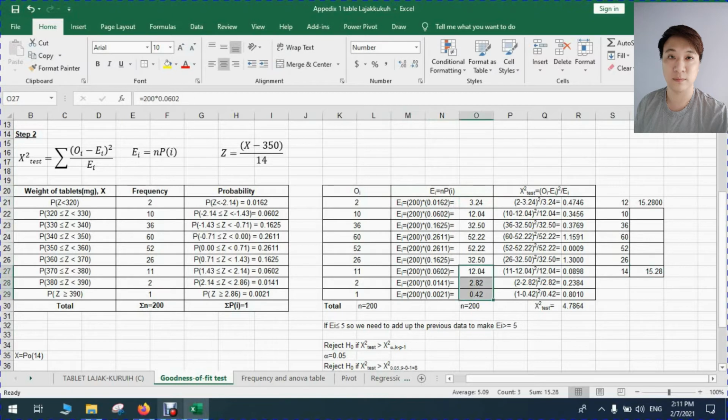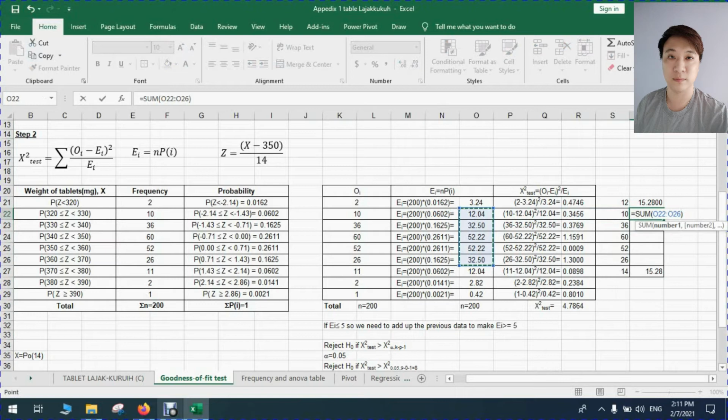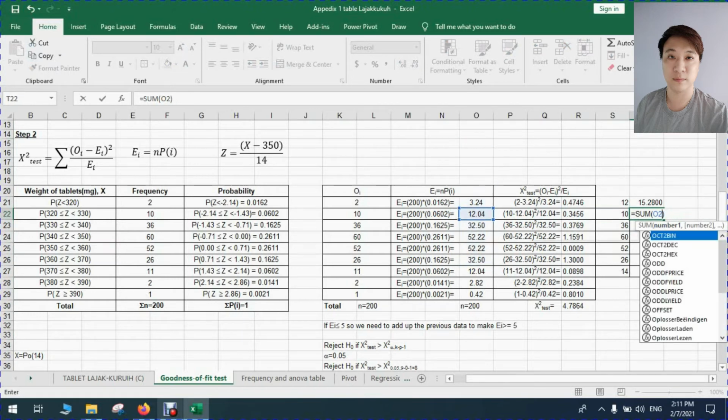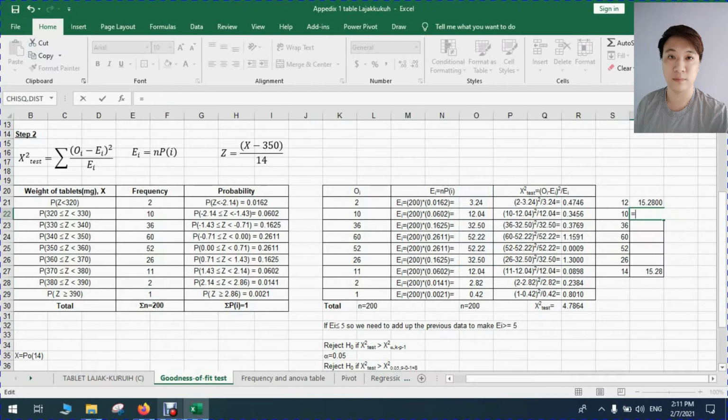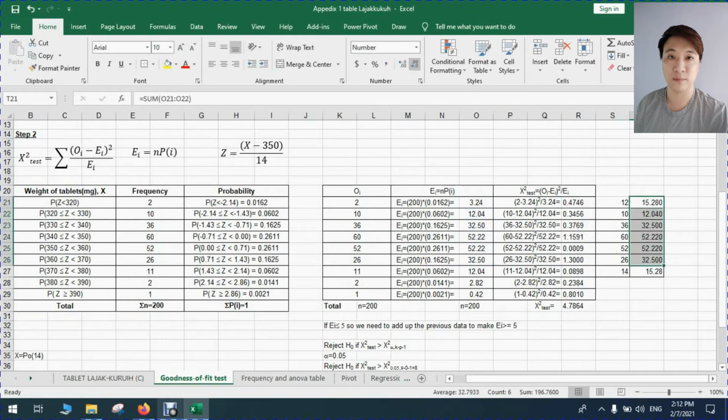And from this lower part, this 3, and here my observation also changes to the new one, and this one also changed to the new one after I add it, and others still maintain the same, so I need to calculate my new chi-square test total, and the sum of the observations is 200 also. I sum it up. So for the decimal, I put 2 decimal places.